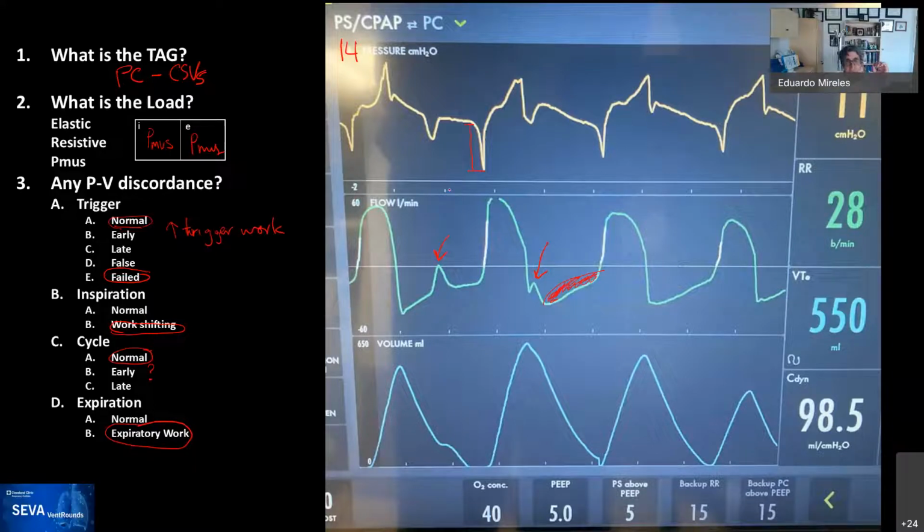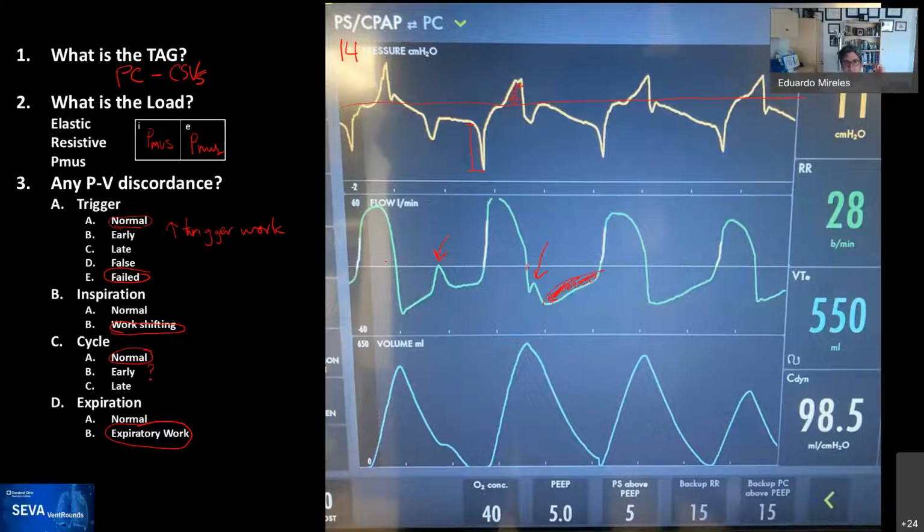In terms of inspiration and work shifting, and we're going to come back to the trigger because I think there's much more to talk about there, you're at a 5 of PEEP and the pressure is set at 5 above, which probably would be around this level here for this patient. And what you recognize as these bigs are just the simple change that the patient is having rapidly.